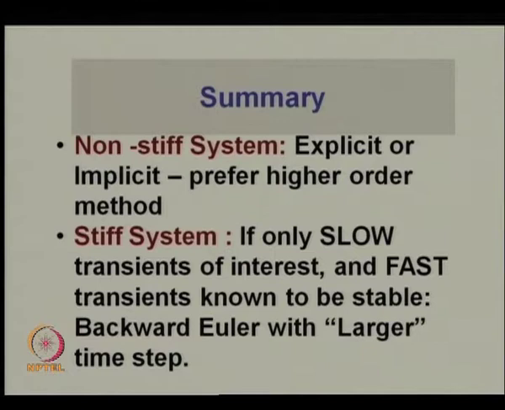If you see this particular slide, what I have written is, if the slow transients are of interest and the fast transients are known to be stable, either from engineering judgment or some prior study which somebody else has done, if you know something about the system and you know that the fast transients are indeed stable and the slow transients are what you are really interested in, you can use backward Euler with larger time steps. Larger, I mean compatible with the time constants associated with the slow transients. Okay.